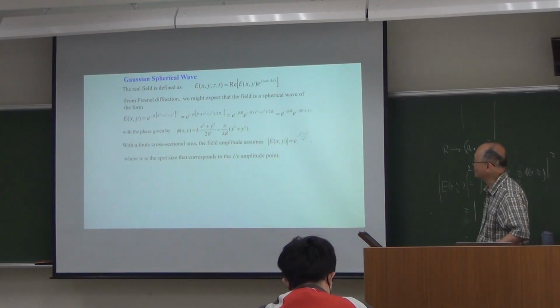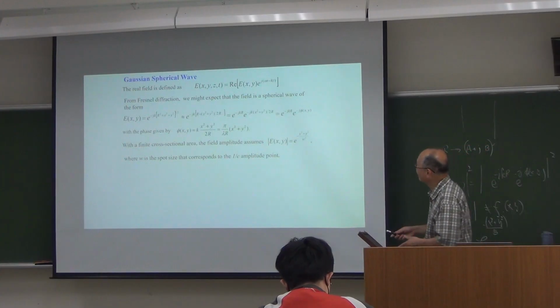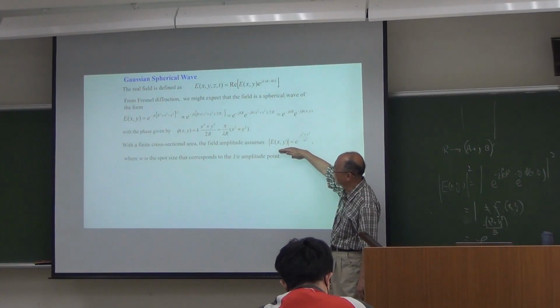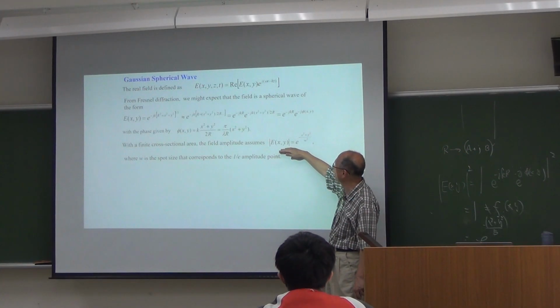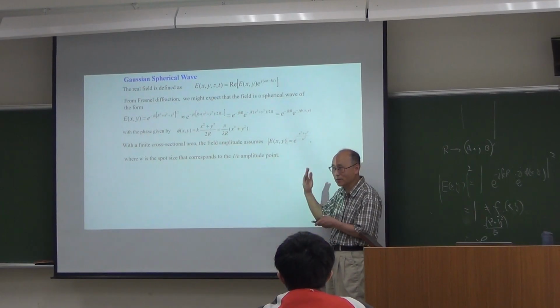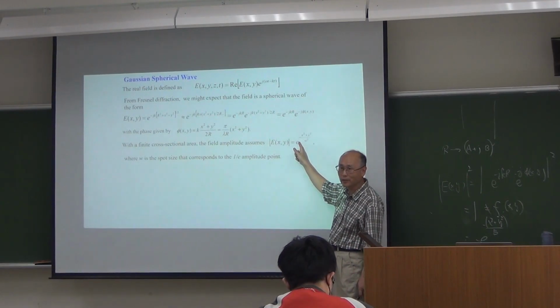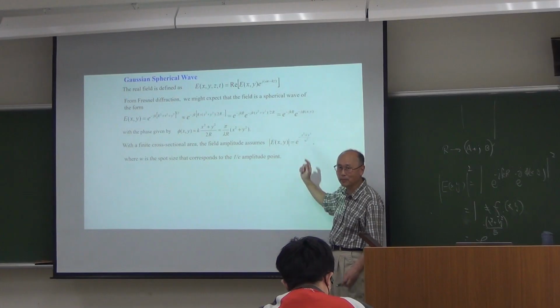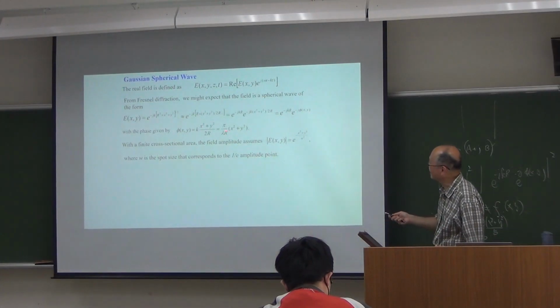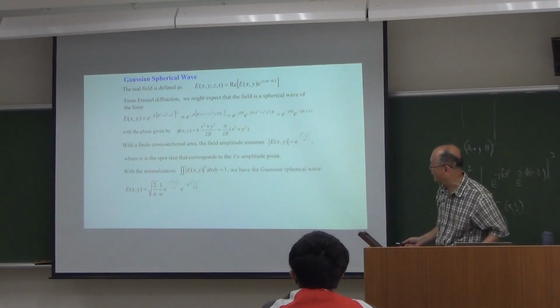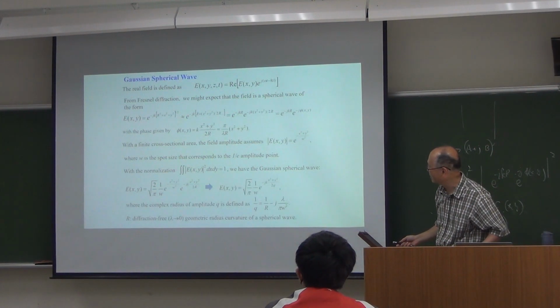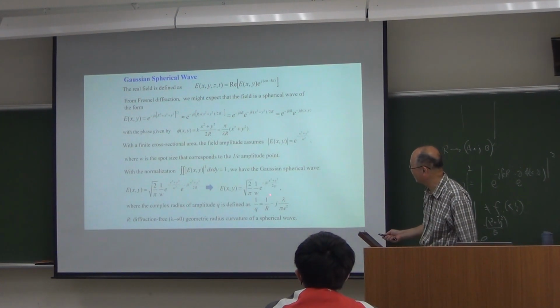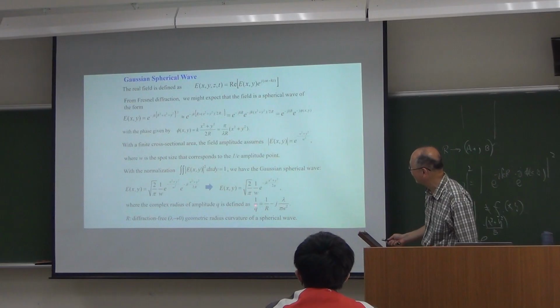The goal is to have this, because in the real case, you have a finite cross-sectional area for the laser beam. So the key is that you need to change this R to define a new radial curvature that is a complex number.